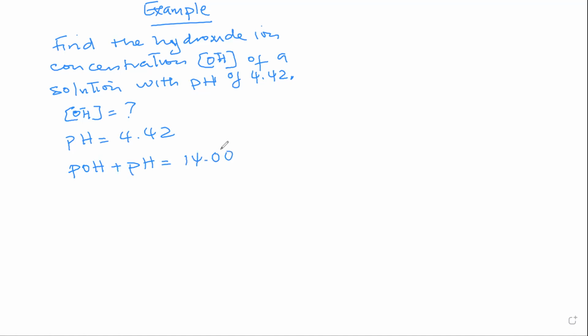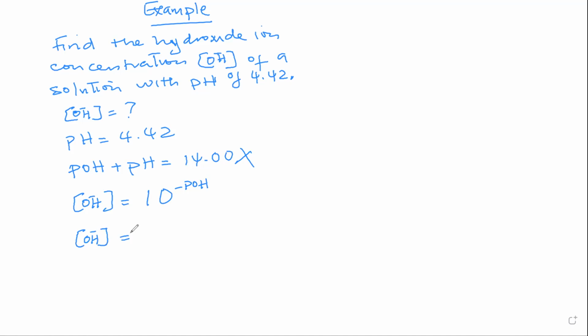No, because there's no concentration, so that cannot be used. But there's another relationship, which is 10 to negative pOH. Okay, so this is anti-log. We have to go anti-log in our calculator to figure this out.